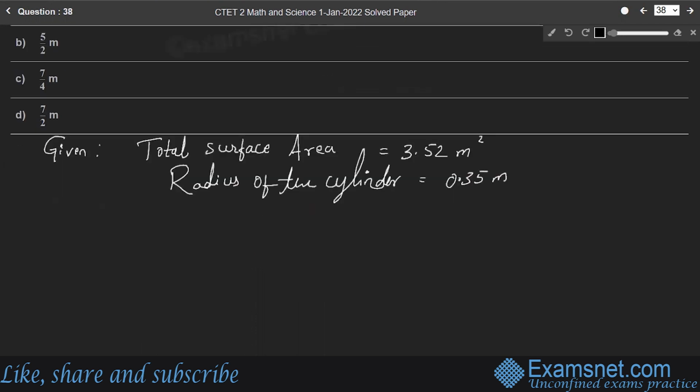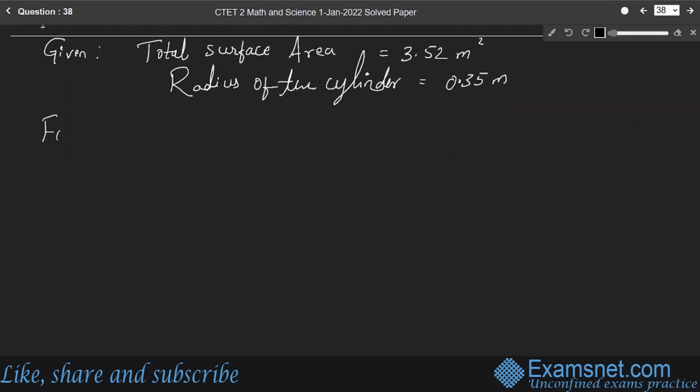So formula to be used, formula to find out total surface area.